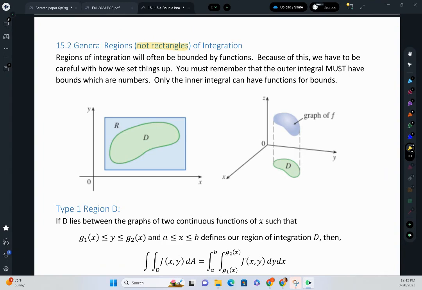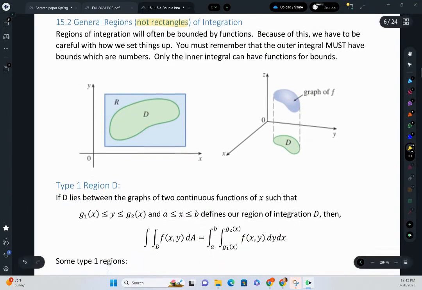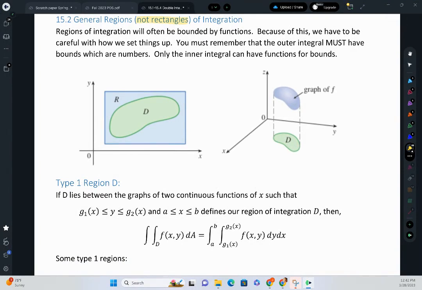So it'll be important for us to examine which order of integration makes the most sense. I've got a picture here where our region of integration now is this blob D inside of a rectangle, and that's this picture over here on the left.